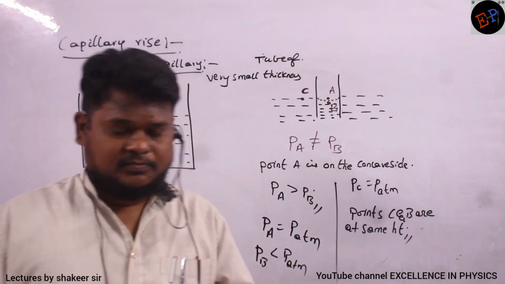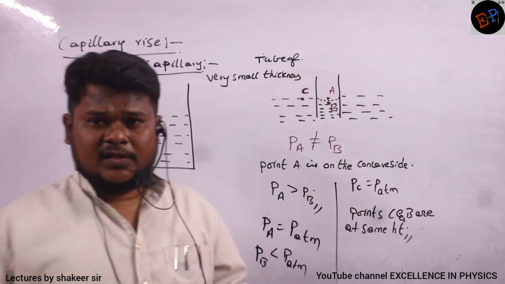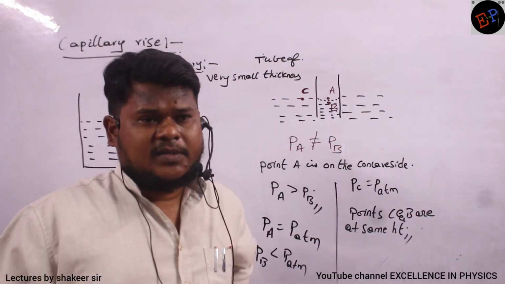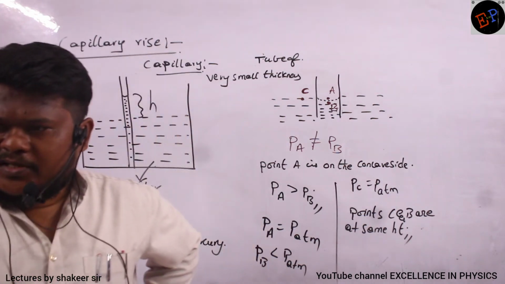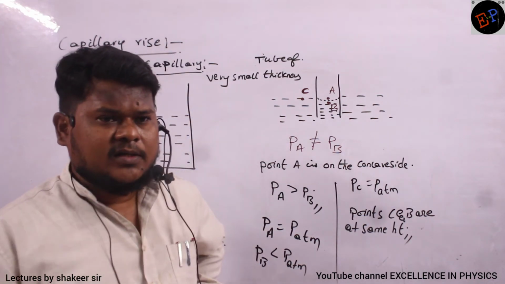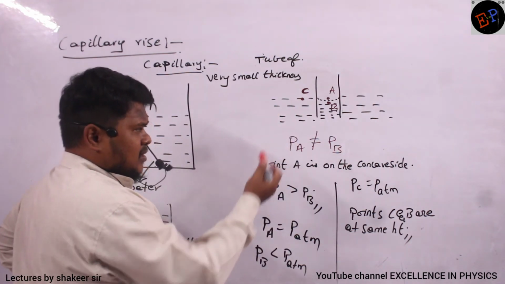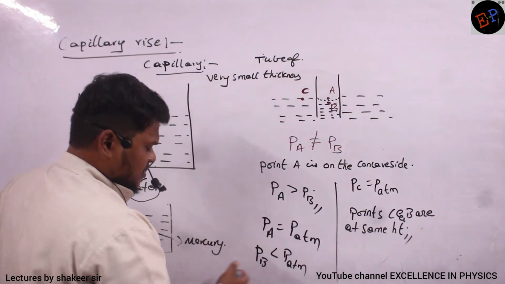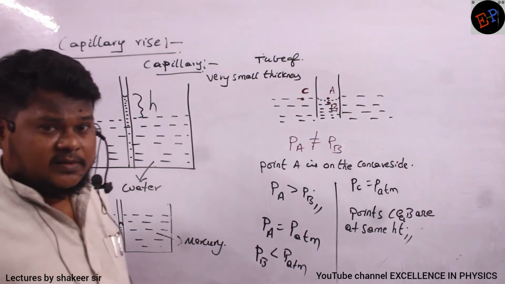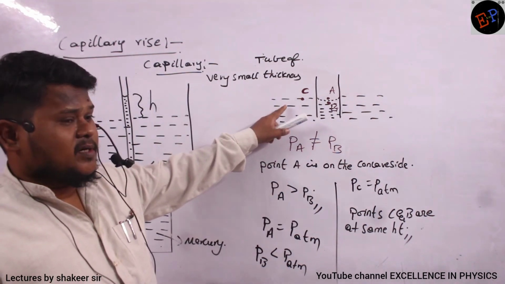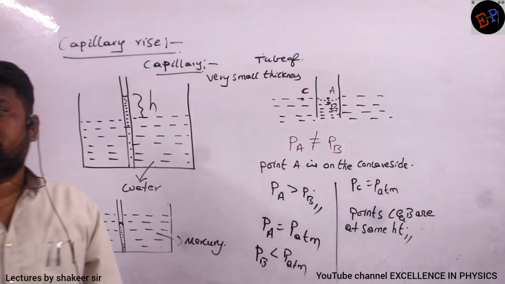What is the first statement of Pascal? If 2 points are at the same height, pressures must be equal. But are they equal? At point C, which pressure? At point B, less than atmospheric pressure. Pressure at point C is greater when compared to pressure at point B.